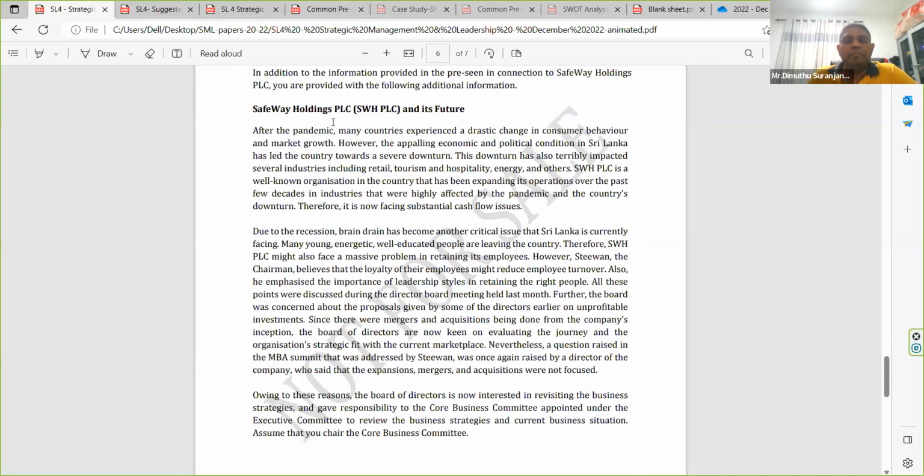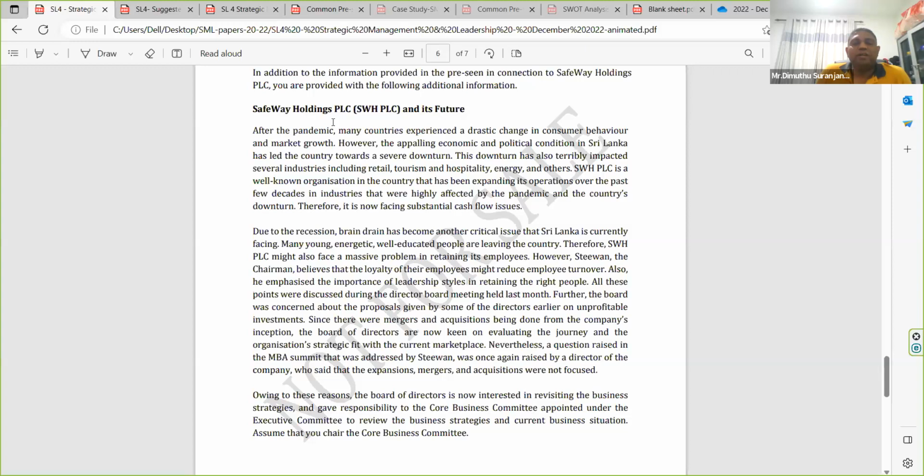After the pandemic, many countries experienced a drastic change in consumer behavior and market growth. General statement, right? However, the appalling economic and political conditions in Sri Lanka have led the country toward a severe downturn. Known fact. This downturn has also terribly impacted several industries, including retail, tourism and hospitality, energy and others.